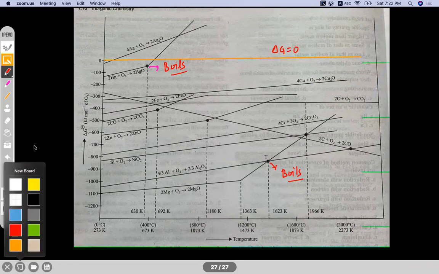Carbon with oxygen shows two types of reaction. One is when C plus O2 gives CO2, suppose this is reaction 1, and the other one is C plus half O2 gives CO, reaction 2.